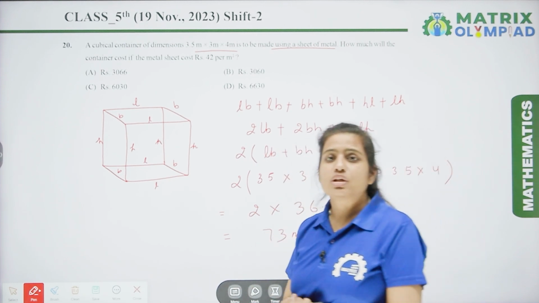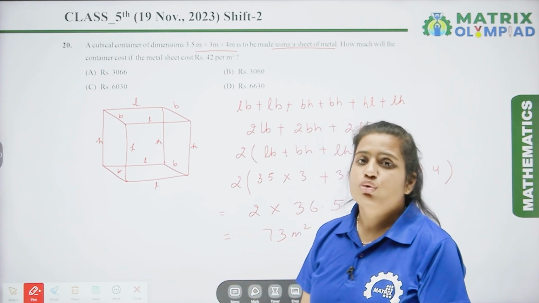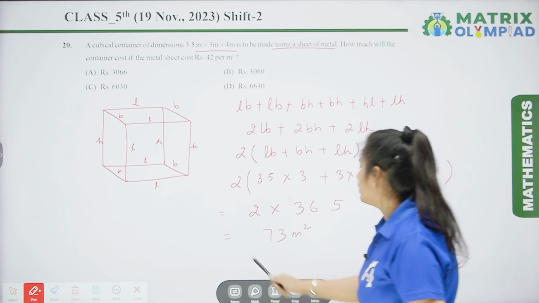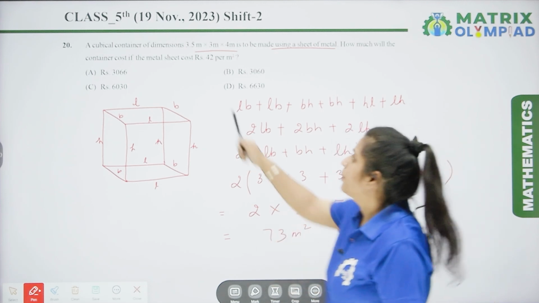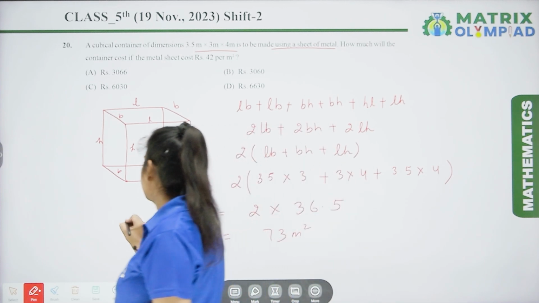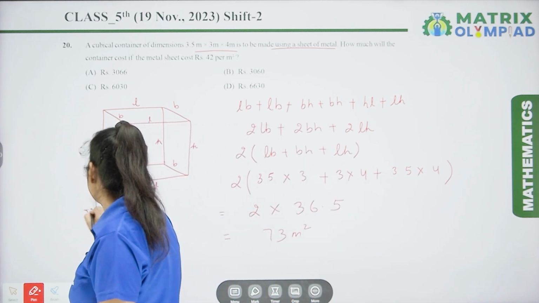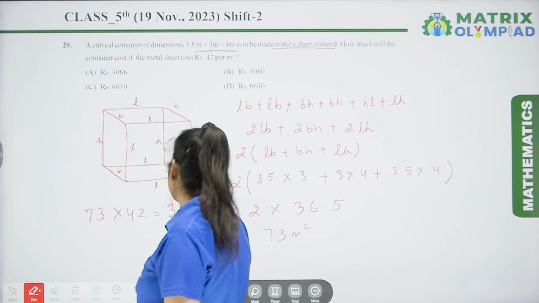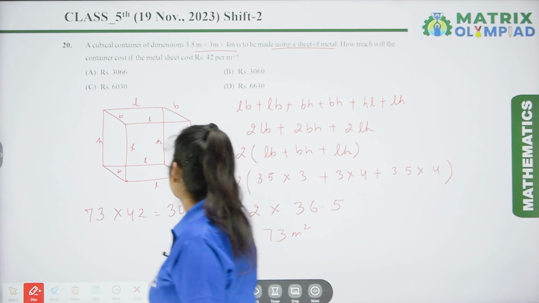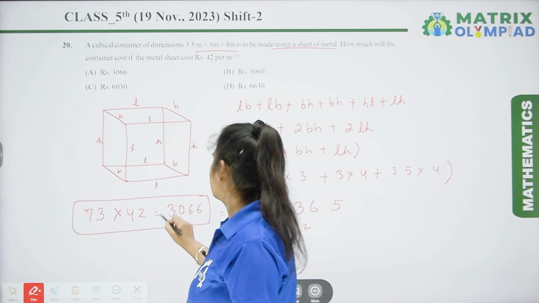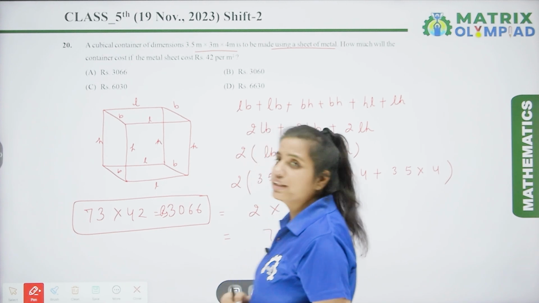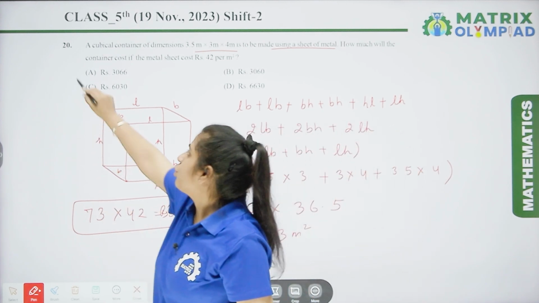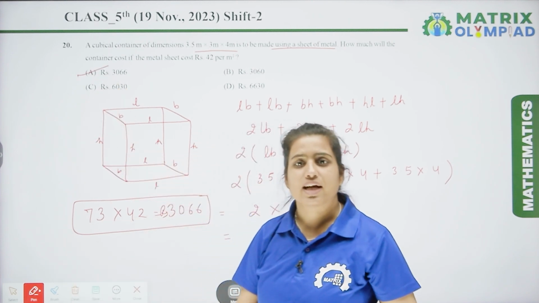Now to find the cost of the total sheet, we multiply this 73 meter square by 42 per meter square. 73 multiplied by 42, we get 3066. So the cost of the metal sheet is rupees 3066. According to the options, option A is the correct answer.